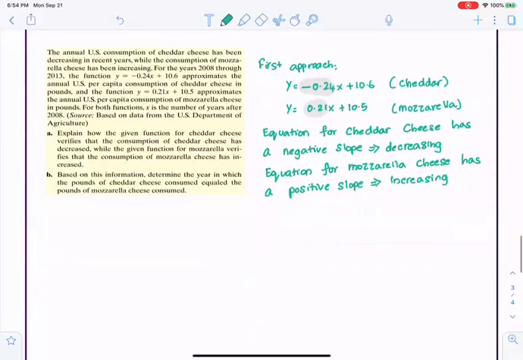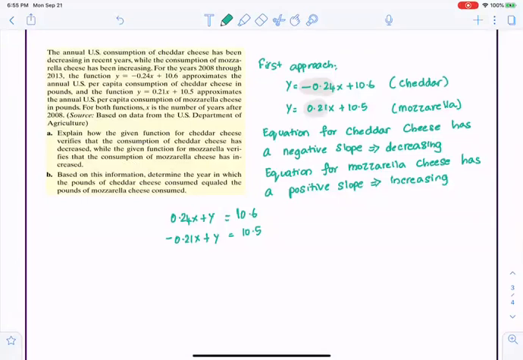So in the first equation, I can move negative 0.24x to the other side. So we'll get 0.24x plus y equals 10.6. In the other equation, I can move 0.21x to the other side, minus 0.21x plus y equals 10.5.